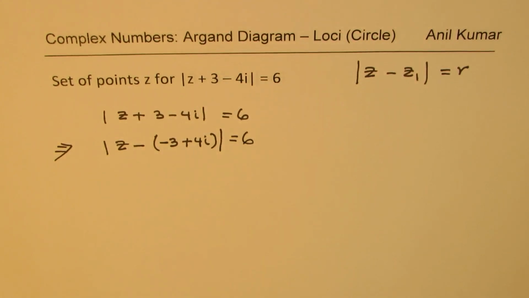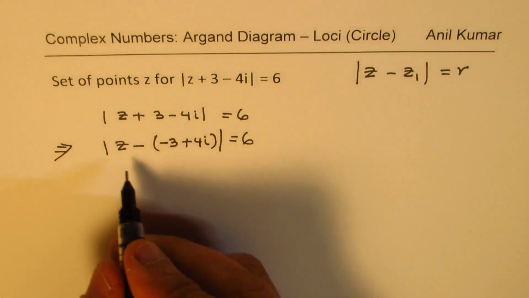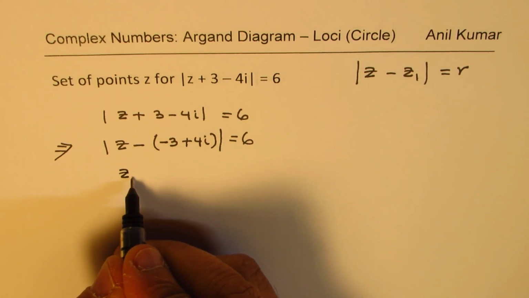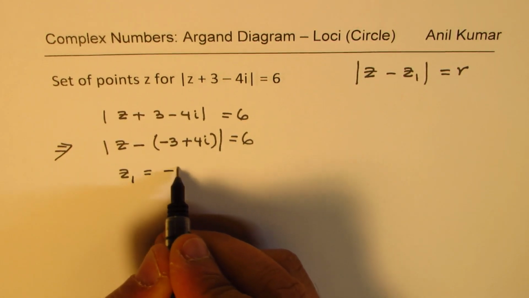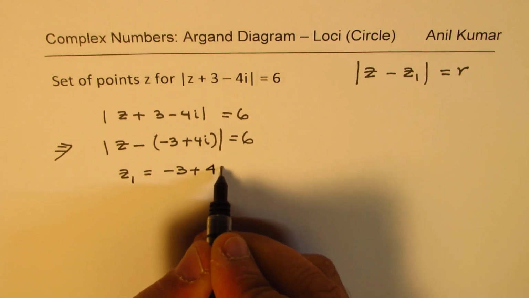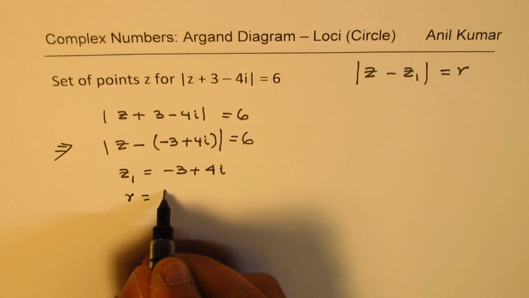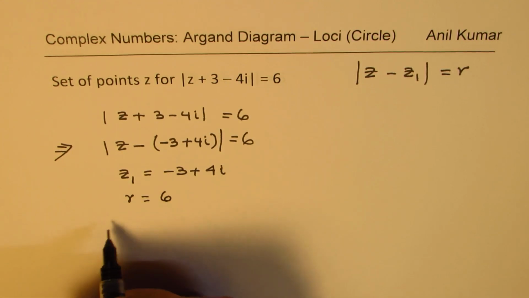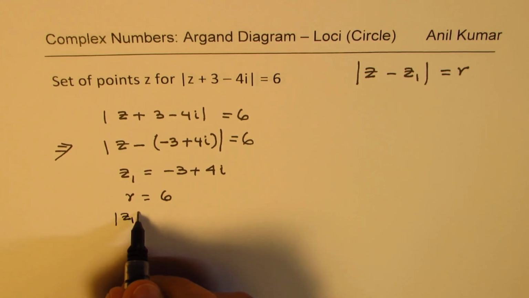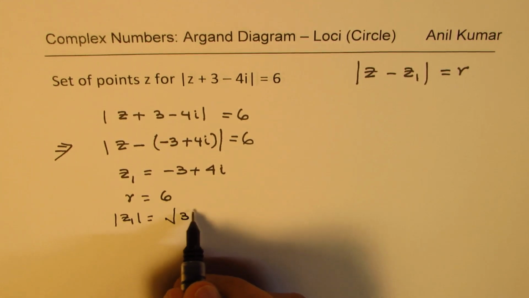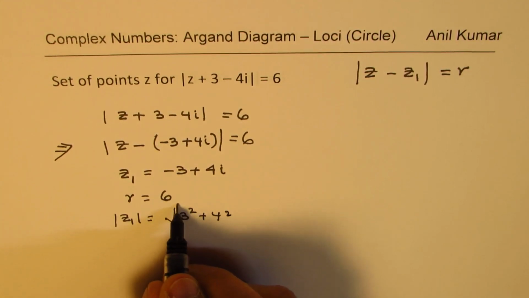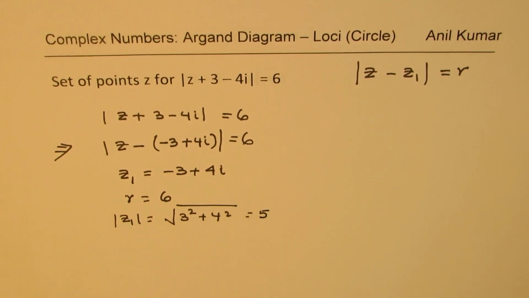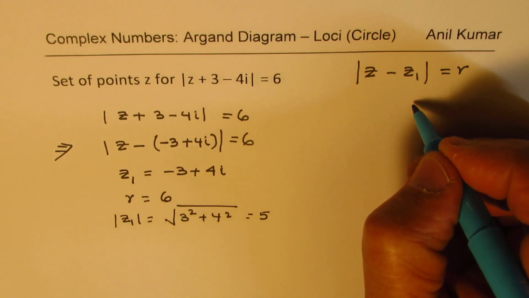So that means the center is at z1, which is -3 + 4i, and the radius is 6 units. Now, whenever we take 3 + 4i, what is the magnitude of z1? Well, the magnitude is the square root of 3 squared plus 4 squared, which you know is 5. So 9 plus 16, square root, right?